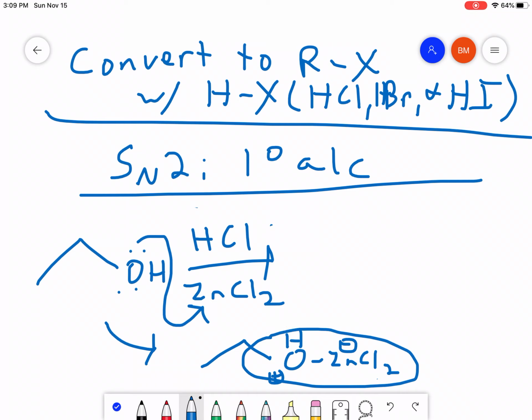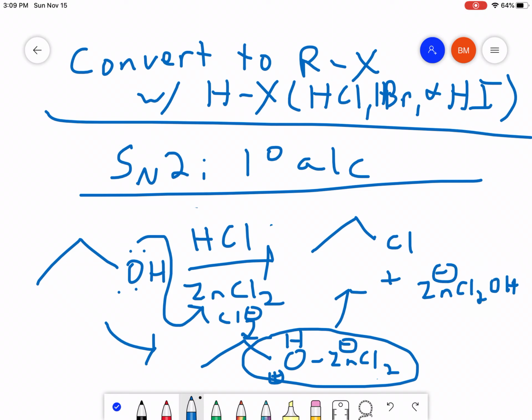And that is a better leaving group than water. So good, in fact, that a Cl minus from your HCl can come in now and knock that off and make your alkyl chloride. Okay? So if you try to do this with HCl, just remember it's not going to work on its own. You got to give it some help.